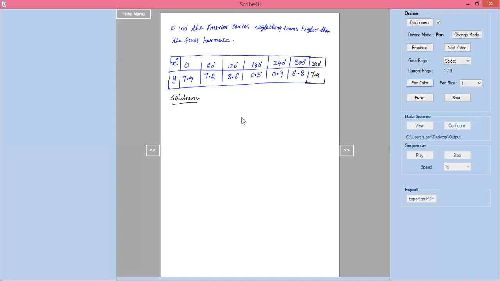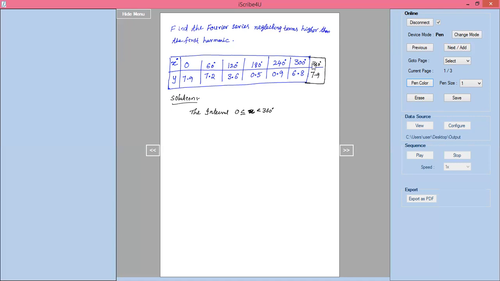Now I can take the interval. I'll take 0 less than or equal to x, less than 360 degrees. Why I am taking only less than: if you consider the 0 value, you should not consider the 360 value. Sometimes in the examination, they will give both the 0 value and the 360 value.